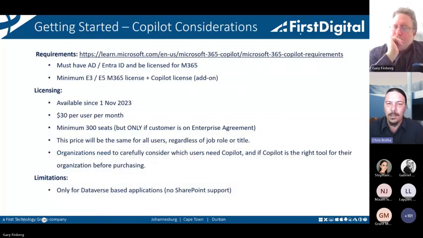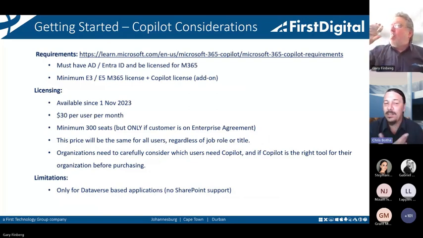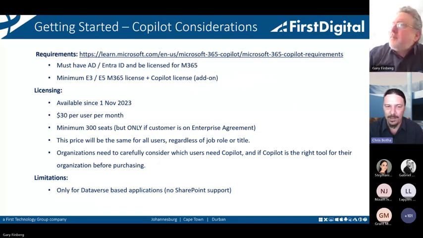Okay, super. So getting started with Copilot, some considerations and license requirements. Obviously, first and foremost, a user needs to be on Office 365 or M365 and have an Entra ID. At this point in time, you can only bolt on the Copilot license to E3 and E5 licenses.